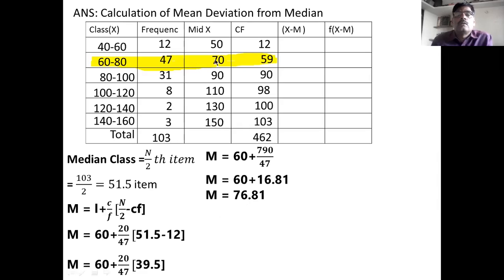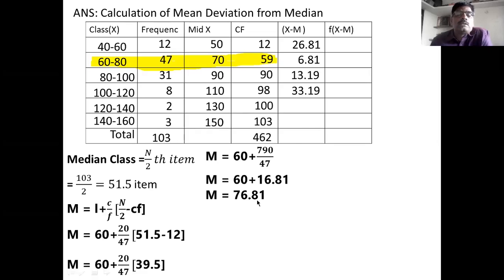You take the difference. 50 minus 76.81 is equal to 26.81. 70 minus 76.81, 6.81. 90 minus 76.81, 13.19. 110 minus 76.81, 33.19.